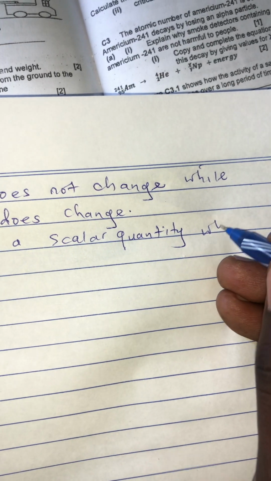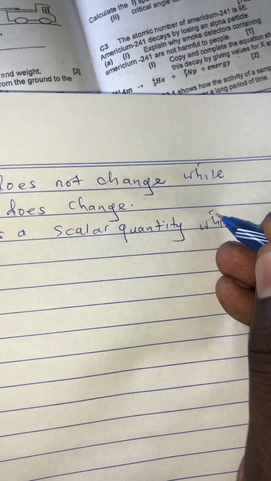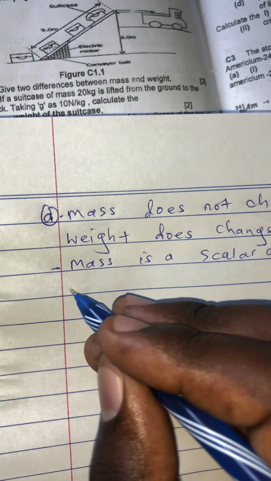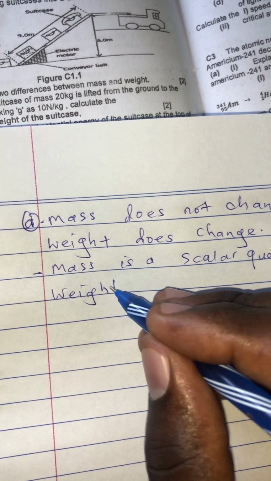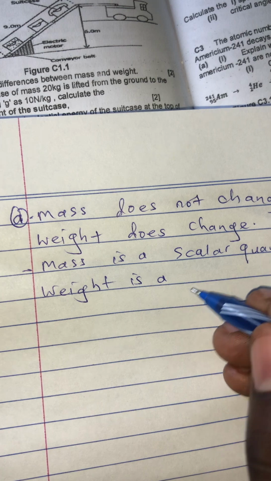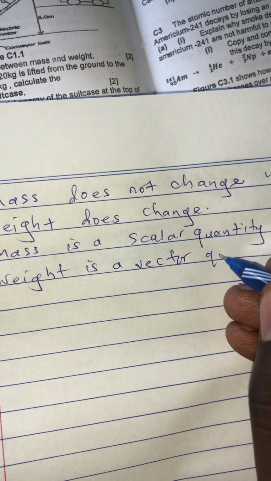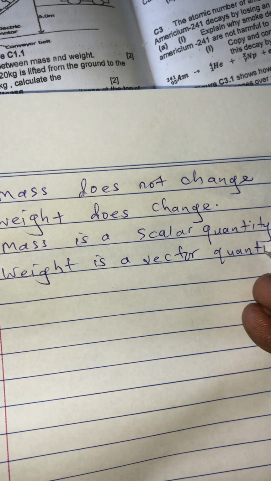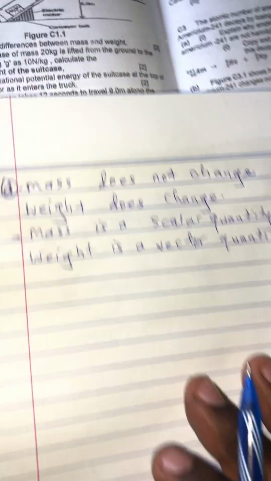Weight is a vector quantity. Simple as that. So there's so many differences. So let's move on.